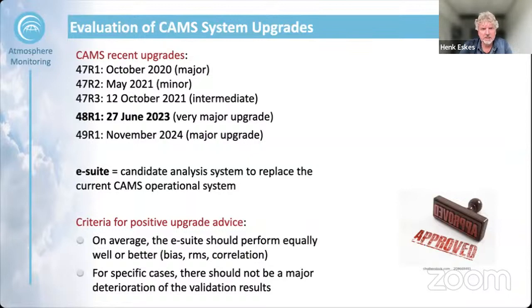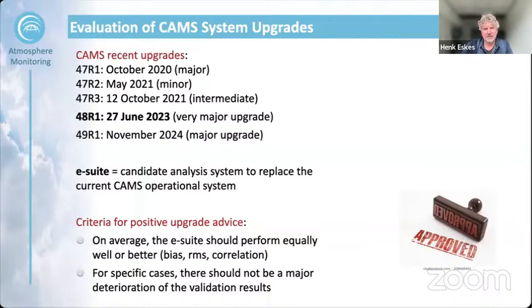CAMS or not. So on average, we would like to have basically an equal or better performance concerning different statistical measures like bias, root mean square errors, and correlation. But for specific cases, there can be maybe some negative excursions also, but they should not be too large.